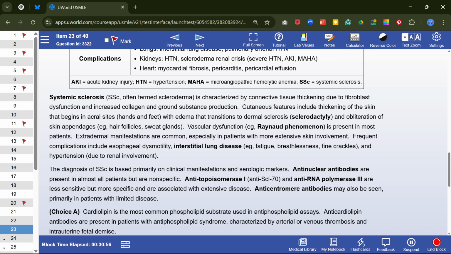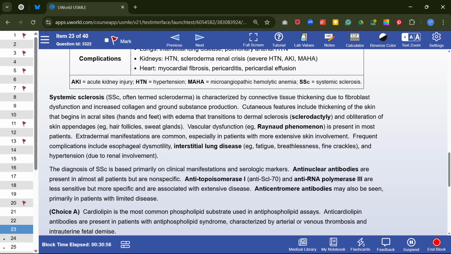Cutaneous features include thickening of the skin that begins in acral sites, hands and feet, with edema that transitions to dermal sclerosis, sclerodactyly, and obliterating skin appendages, hair follicles, and sweat glands.